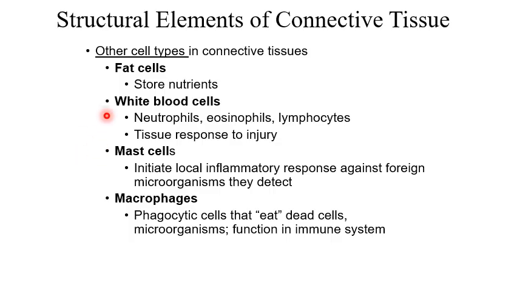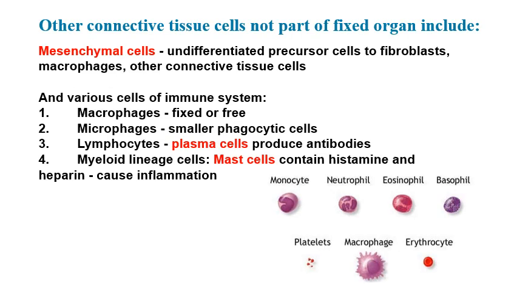And let me see here. This is a type of white blood cell. This is a mast cell, macrophages, with different functions in the immune system. So here we see cells that are stem cells, mesenchymal cells. Those are stem-like cells, and remember, those are the origins of most of the connective tissue cells.